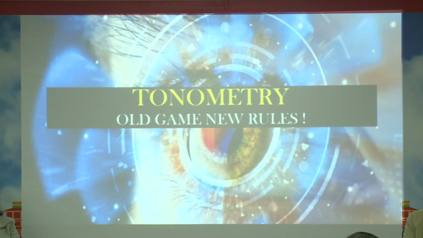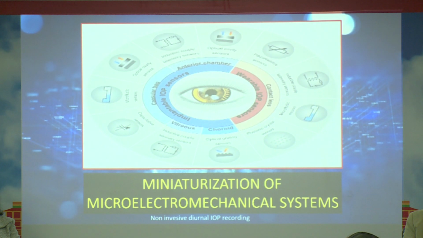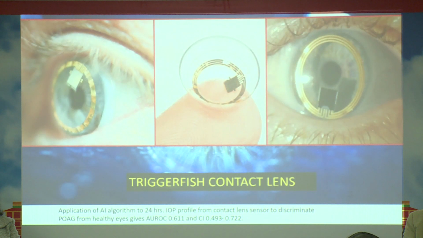Now come to tonometry. Again, it is an old thing, but with a new role. There is miniaturization of the microelectromechanical system. This is non-invasive diurnal IOP reading. An example is the Triggerfish contact lens. The application of an artificial intelligence algorithm to the 24-hour IOP profile from the contact lens is to discriminate chronic open angle glaucoma from healthy eyes, which gives an AUROC of 0.6 and a specificity of 0.4.